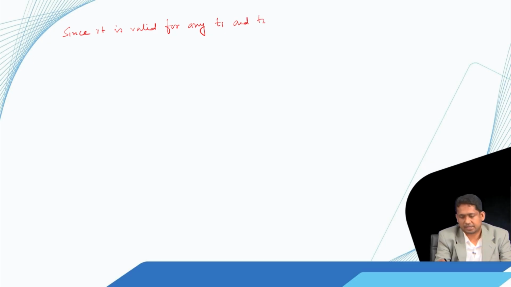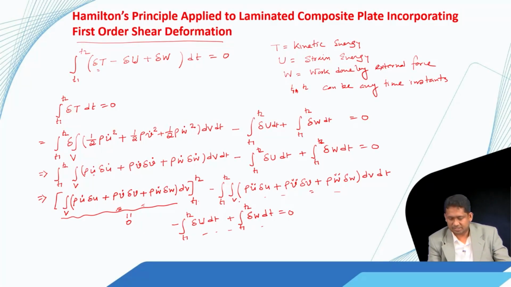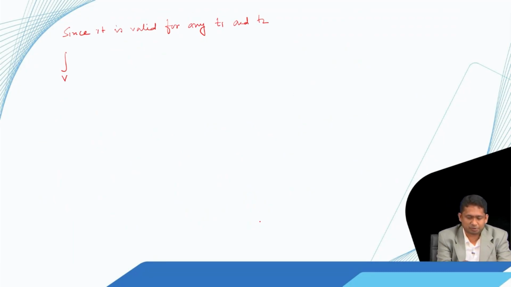So, since it is valid for any T1 and T2, we can say that the quantities inside the time integral should be 0, that means the integrand should be 0.